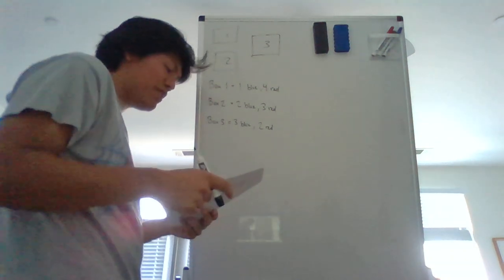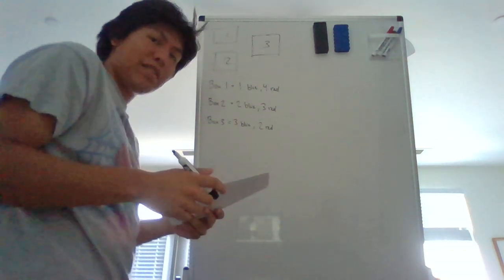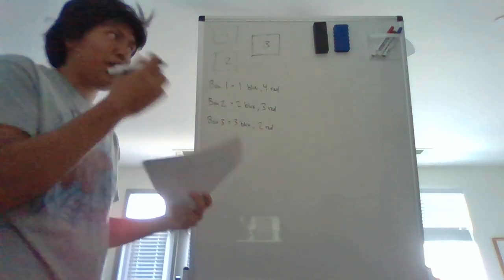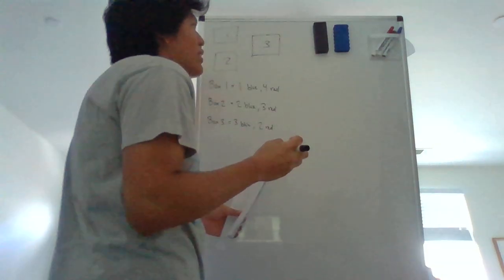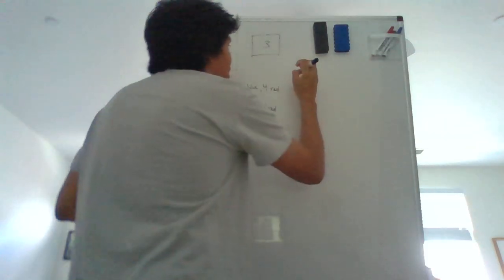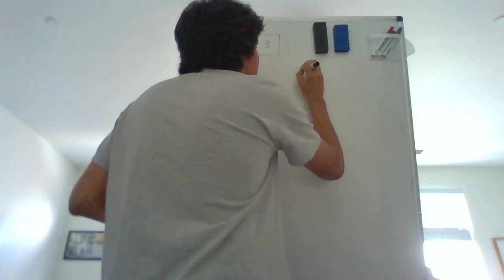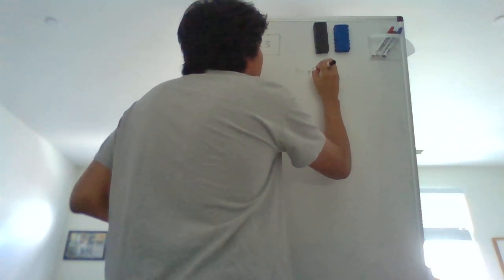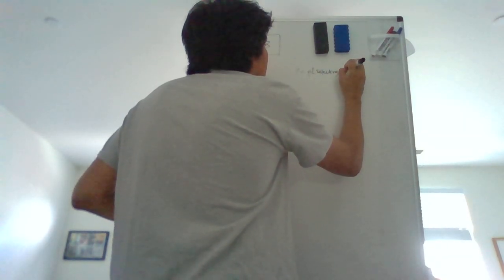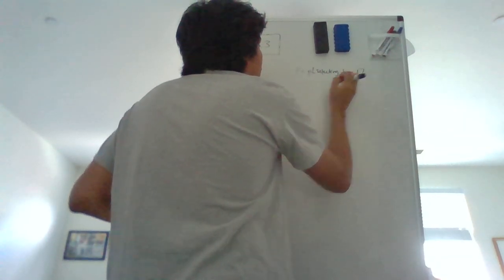Okay, something we have to consider is that it says that the probability of selecting each box is proportional to K. What does that mean? That means that, let's say that the probability of selecting box 1 is P. So P is equal to the probability of selecting box 1. Right?